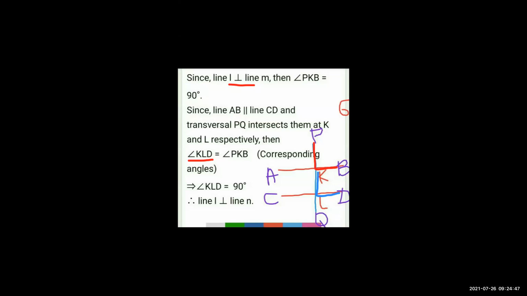So as angle KLD is also 90 degrees, we can say that line L, that is PQ, is also perpendicular to the second line, line N. Okay, understood? This is the solution for the third example from your problem set.